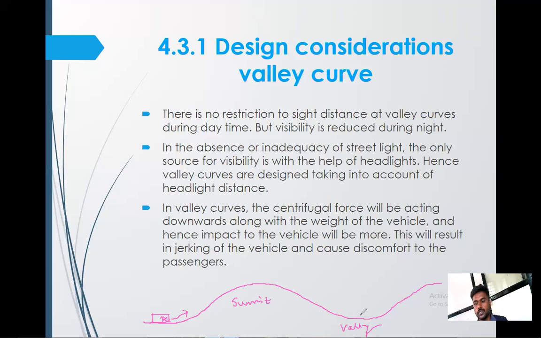If my vehicle is here on the summit curve, I have less sight distance. But when I am driving on the valley curve, I have a lot of sight distance.